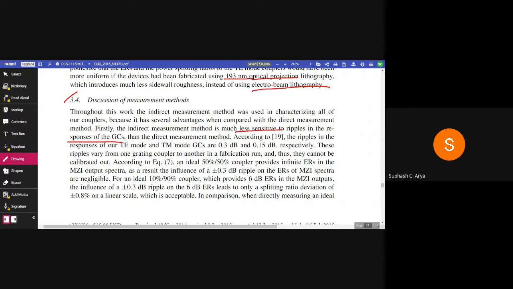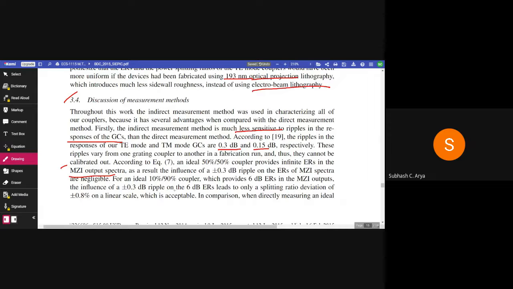According to [19], the ripples in the response of our TE mode and TM mode grating couplers are 0.3 dB and 0.15 dB respectively. These ripples vary from one grating coupler to another in the fabrication run, and thus they cannot be calibrated out. According to equation 7, an ideal 50-50 coupler provides infinite extinction ratio in the MZI spectra output, so the influence of the plus/minus 0.3 dB ripple on the extinction ratio of MZI spectra is negligible.